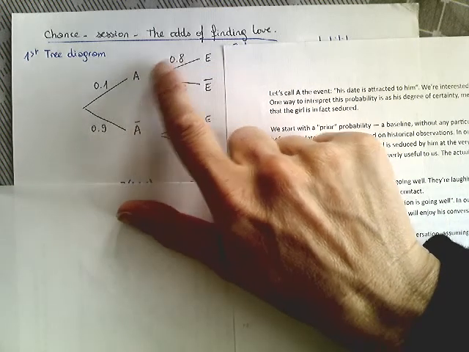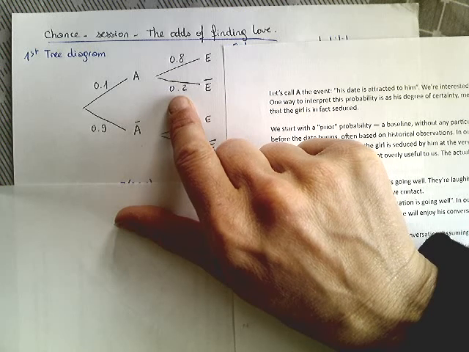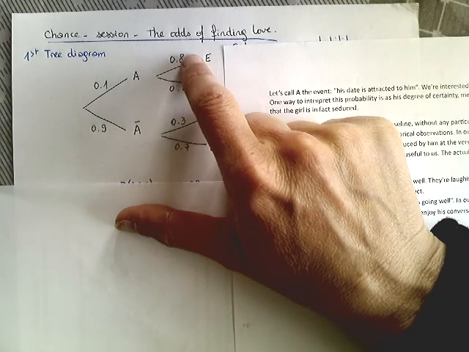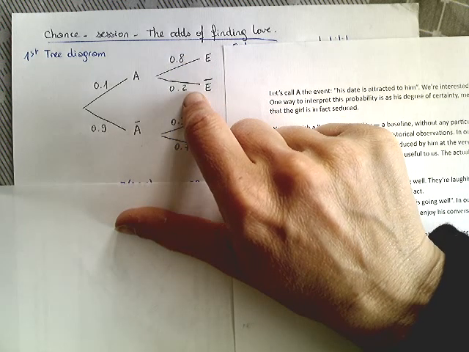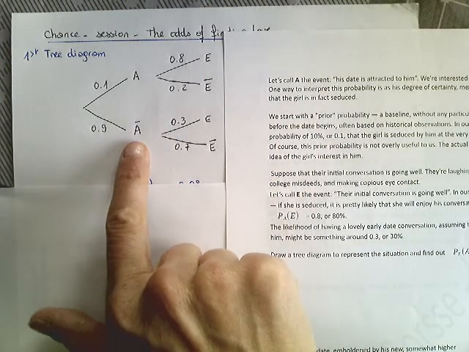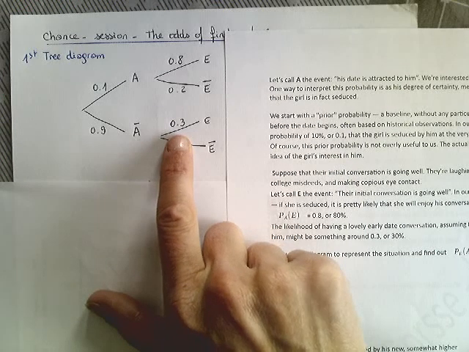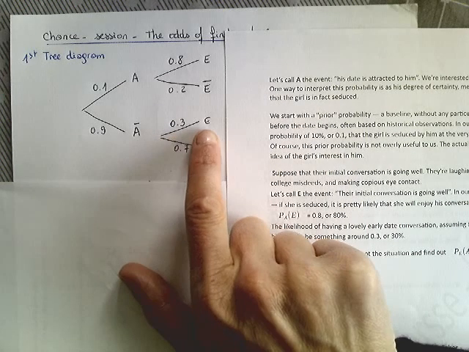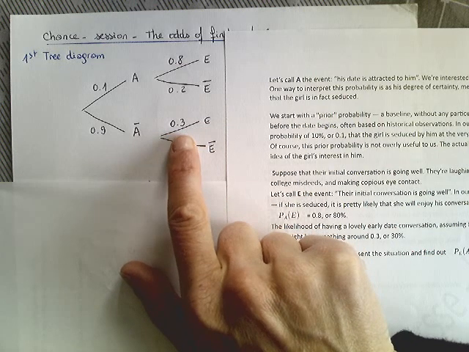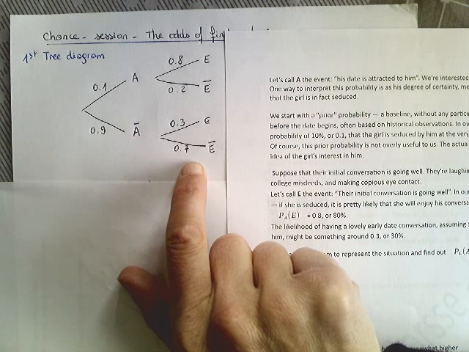So another double branch here, 0.8 there, 0.2 here, because when you add them, you have to get 1. Now, if she's not attracted to him, the probability of having a nice conversation will be less. It will be 0.3, so 0.7 here.